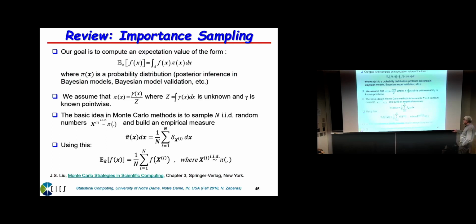If we can sample directly from pi, we approximate this with this empirical measure, right? All the samples have a weight 1 over n, and we have these delta masses centered on each sample. And if you approximate expectations of a function f, using pi hat, this empirical measure, instead of pi, then you get your classical Monte Carlo estimate where the samples are from the true distribution. Okay, that's the Monte Carlo estimate.